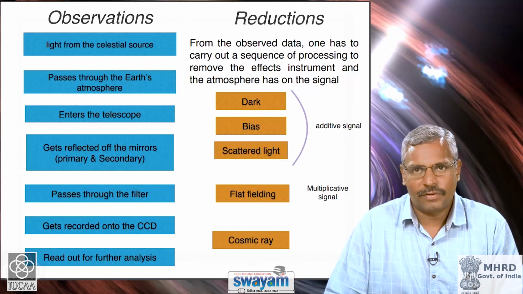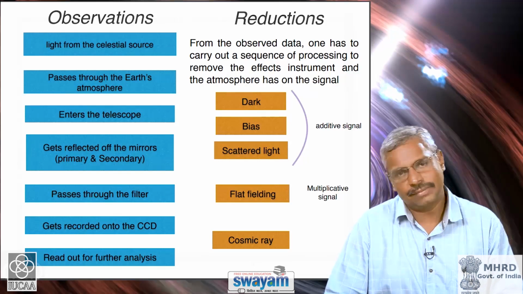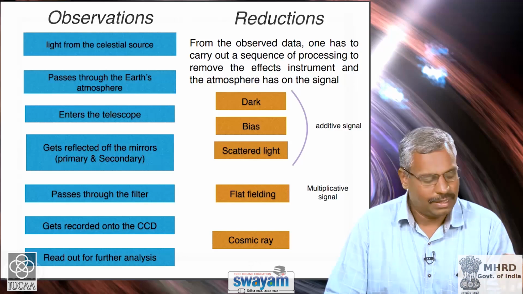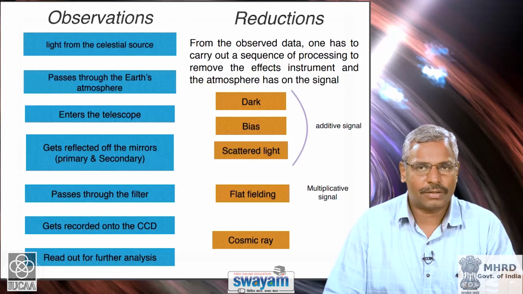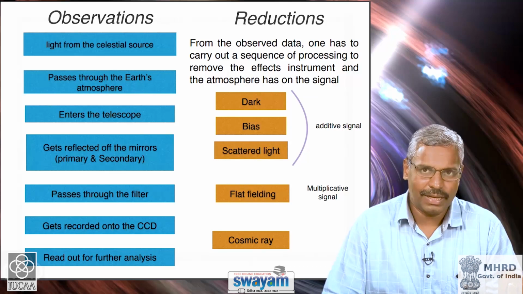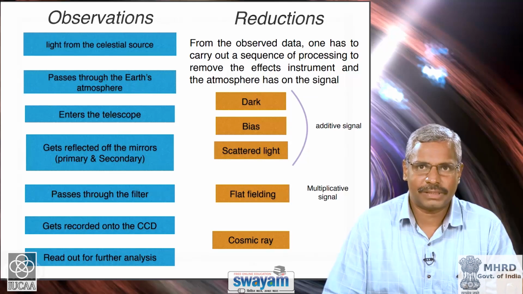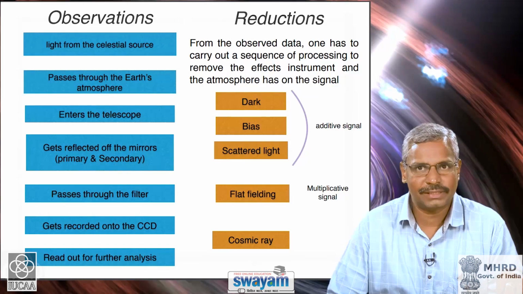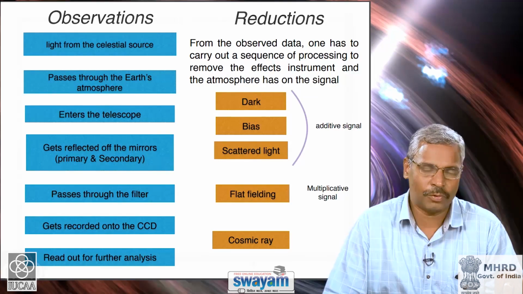The other effect which we want to remove is called flat fielding. This is due to the following reasons. The data is recorded on the CCDs. Though charge coupled devices are linear devices, there is inherent pixel to pixel sensitivity variation, and this pixel to pixel sensitivity variation has to be removed.